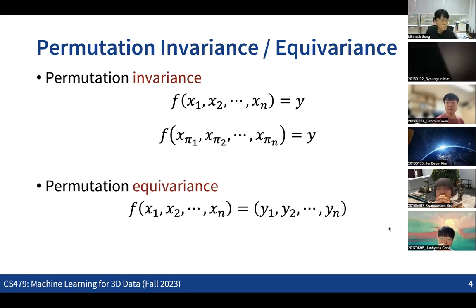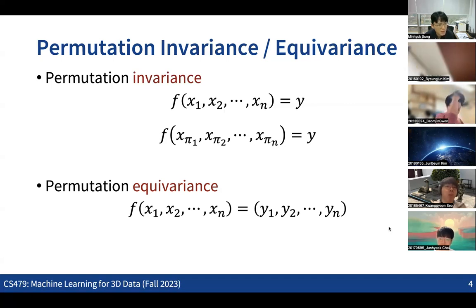The question about permutation equivariance was the case where we get a set of data as the output, how we can also preserve the order of the input data in the output of the neural net as well. So that was about permutation equivariance. Invariance was the important aspect for problems like classification.